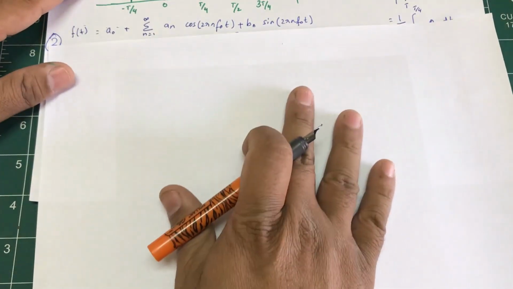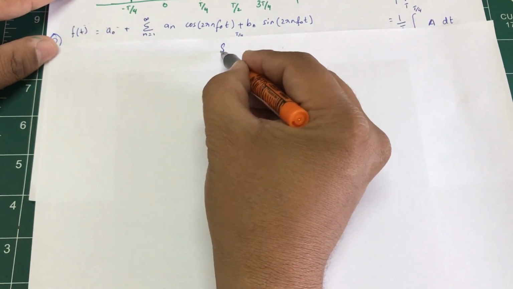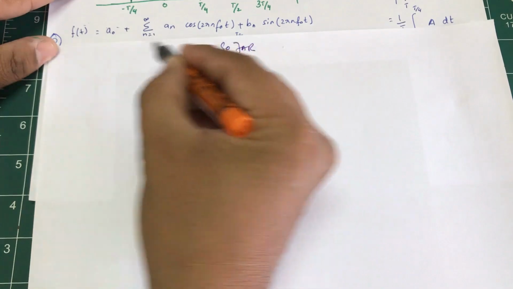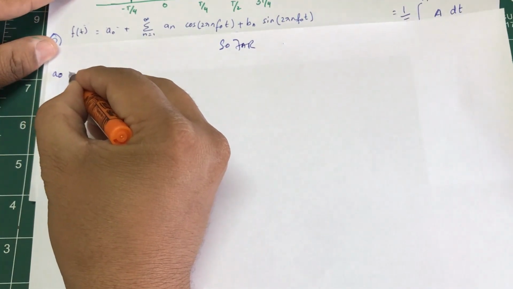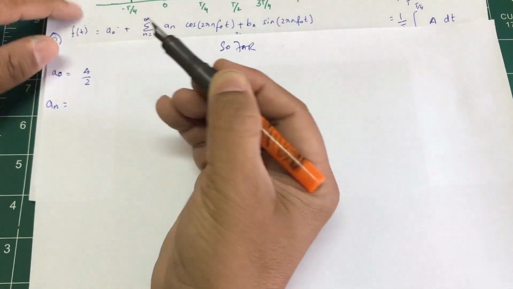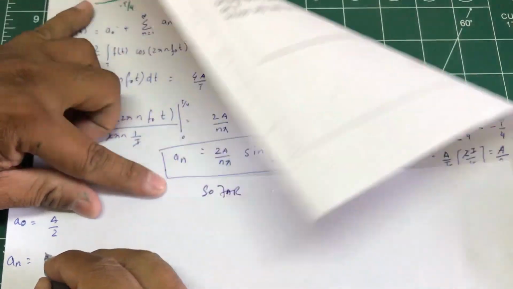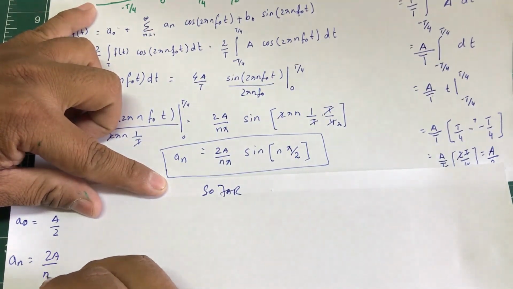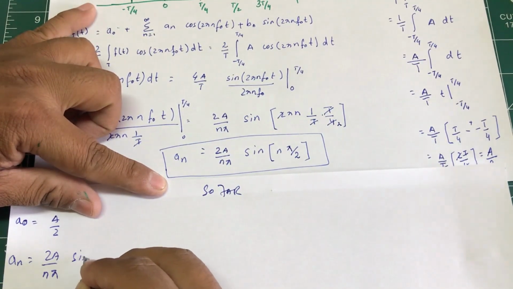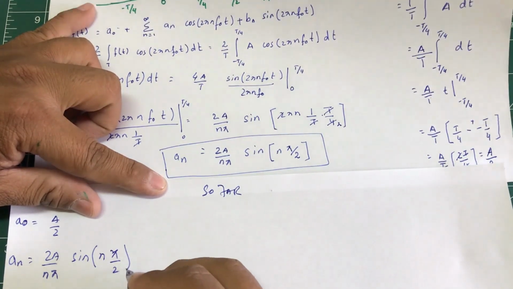So far what we have calculated is a naught, a over 2, and an, which we just calculated: 2a over n pi sine n pi by 2.